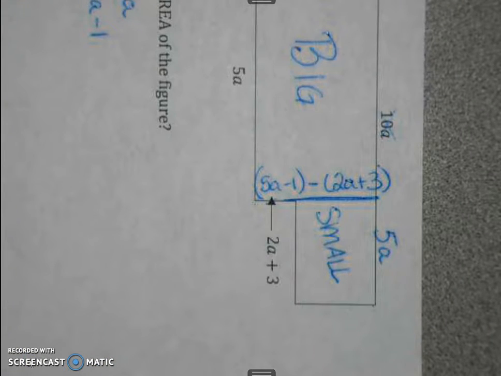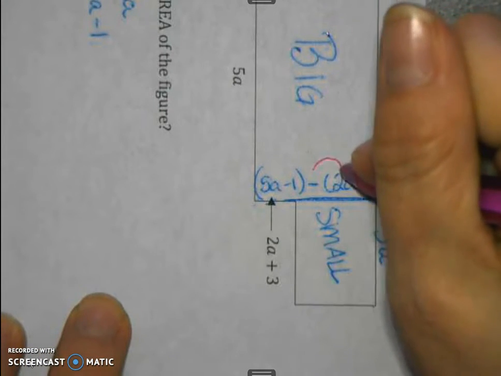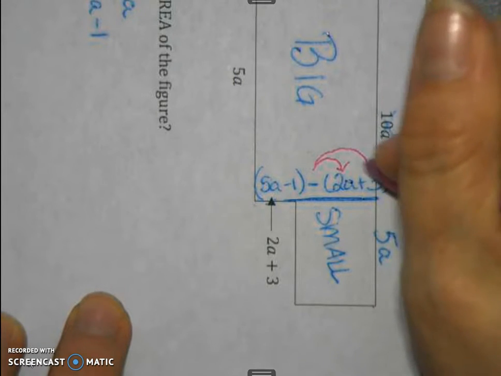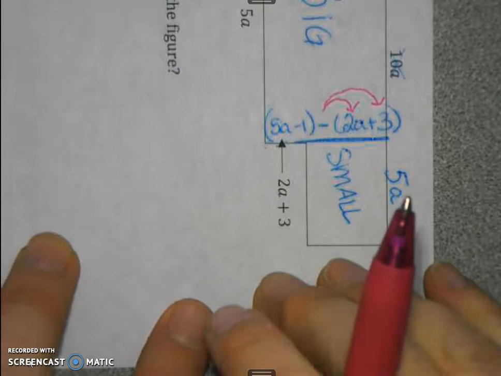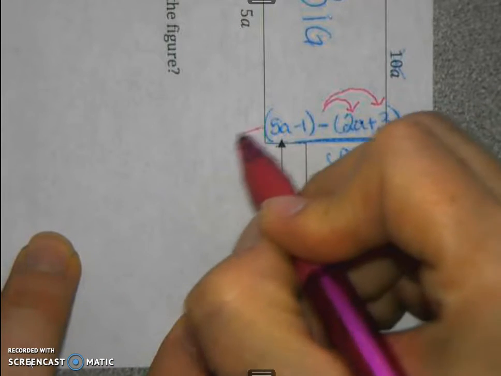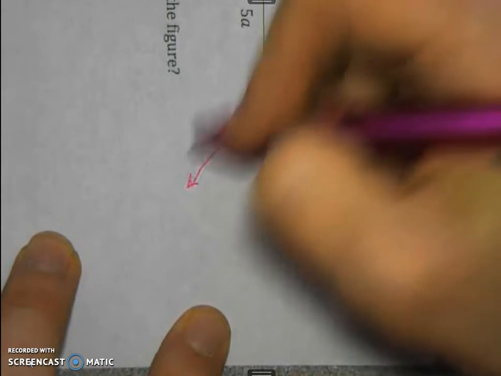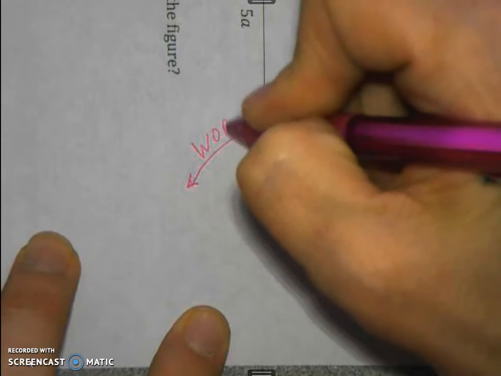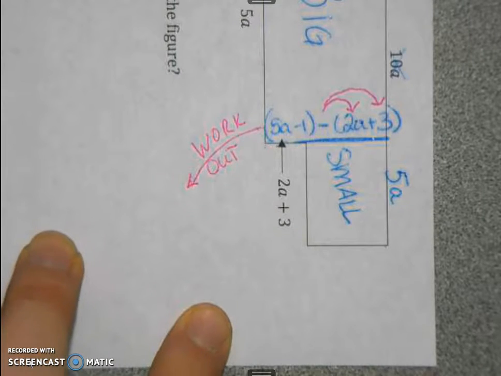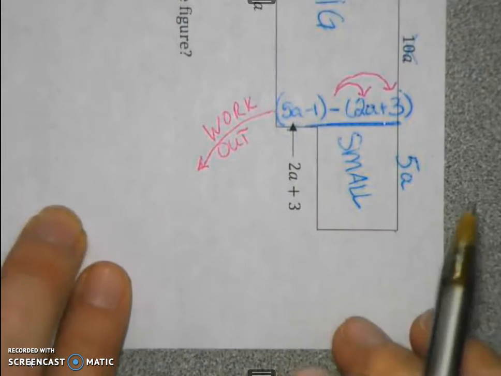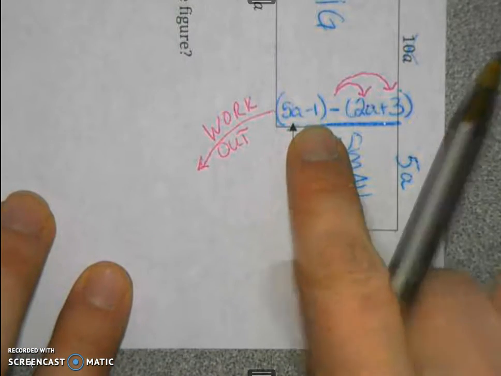And the thing is, I can't really do the subtraction. I need to do a distributive property with this negative sign. And because this is kind of weird, I'm going to keep my paper this way. I'm going to draw an arrow and write work out. So we have 5A minus 1.